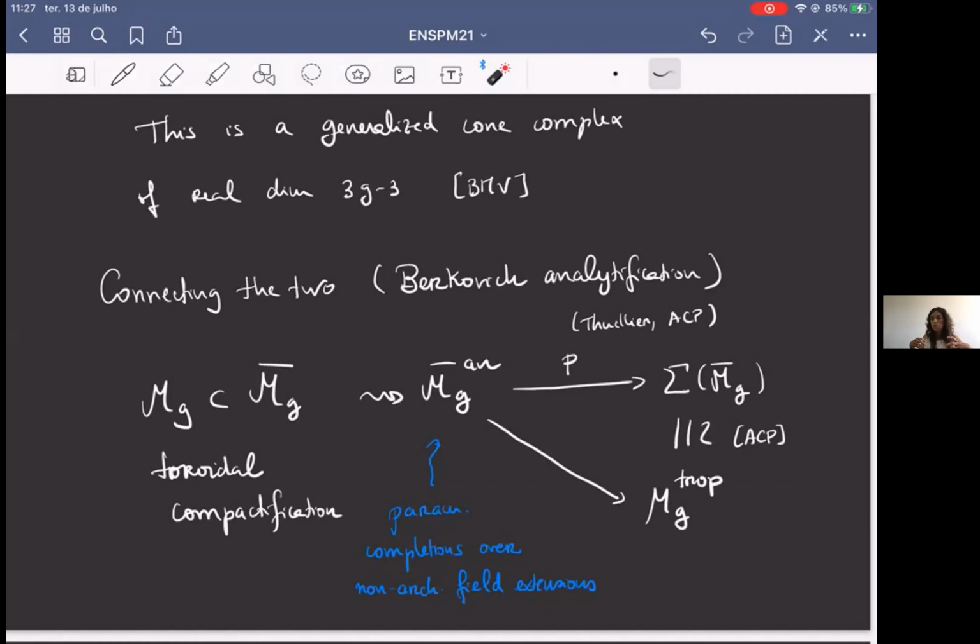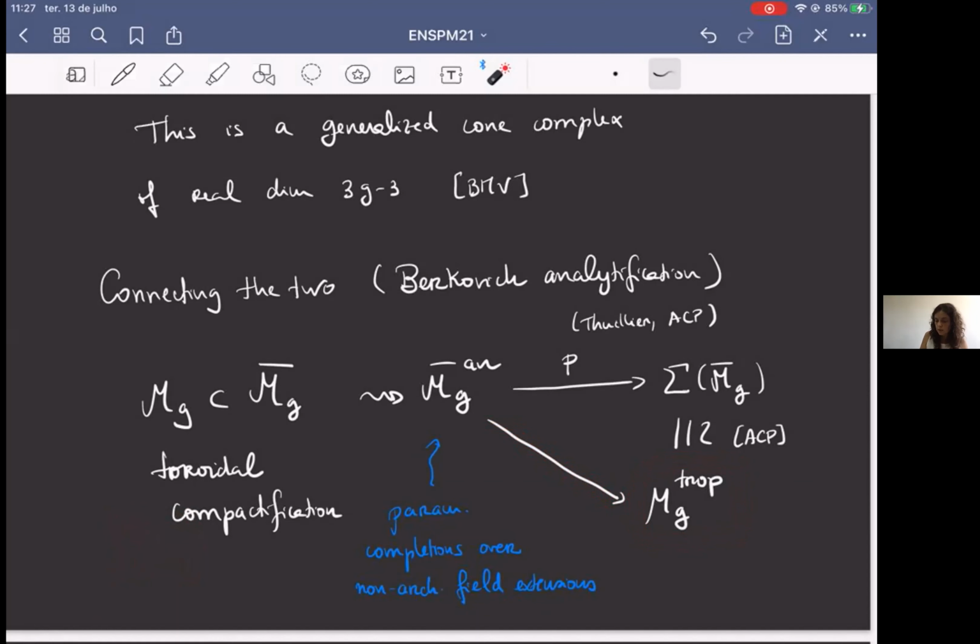This means that you will have evaluation on your family. You can then locally look at your degeneration and evaluate the singularity, and this evaluation gives you a length function on a dual graph.